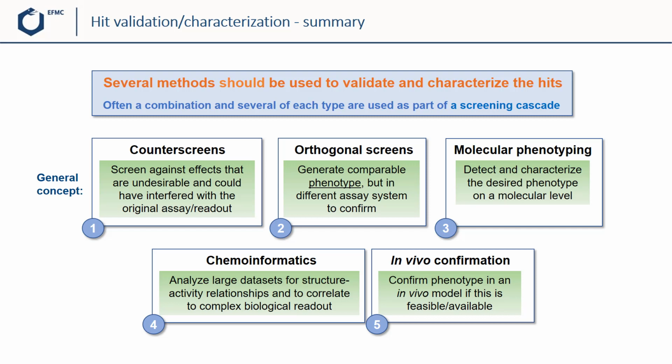And also we're going to touch briefly on chemoinformatics, where computational force is used to analyze large data sets for structure-activity relationships, for example, and to correlate to complex biological readouts. Finally, we're also going to touch briefly on in vivo confirmation, where you would try to confirm a phenotype in an in vivo model if such a one is available.